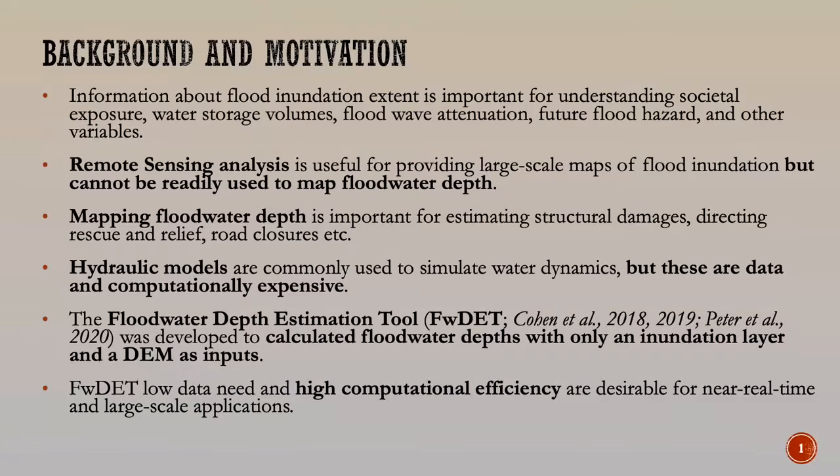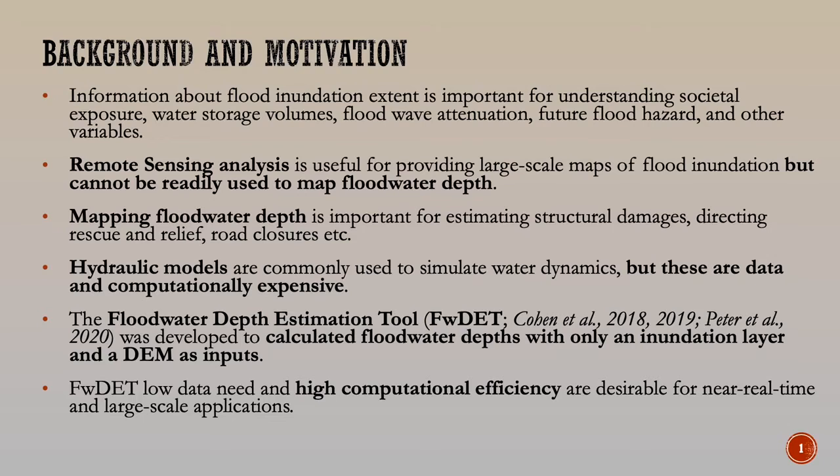So information about flood inundation is important for many reasons, including to understand the exposure of community, changes in water storage volume, flood hazards, as well as response to floods as a natural disaster.